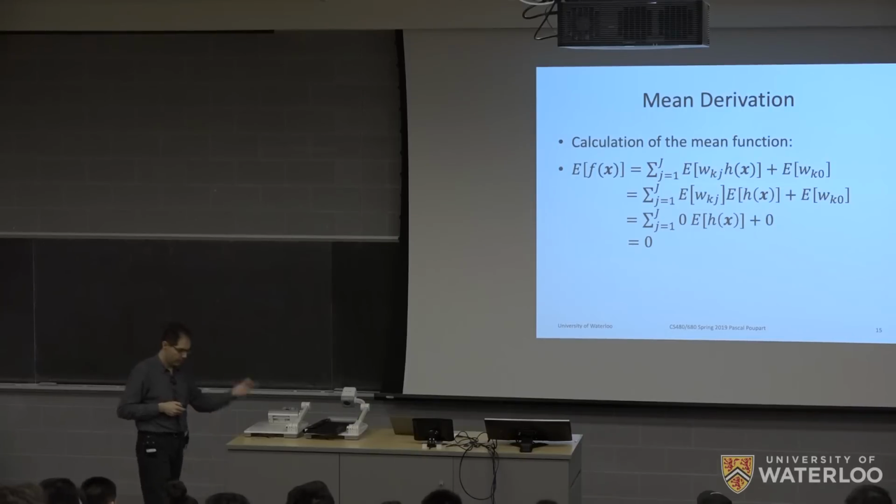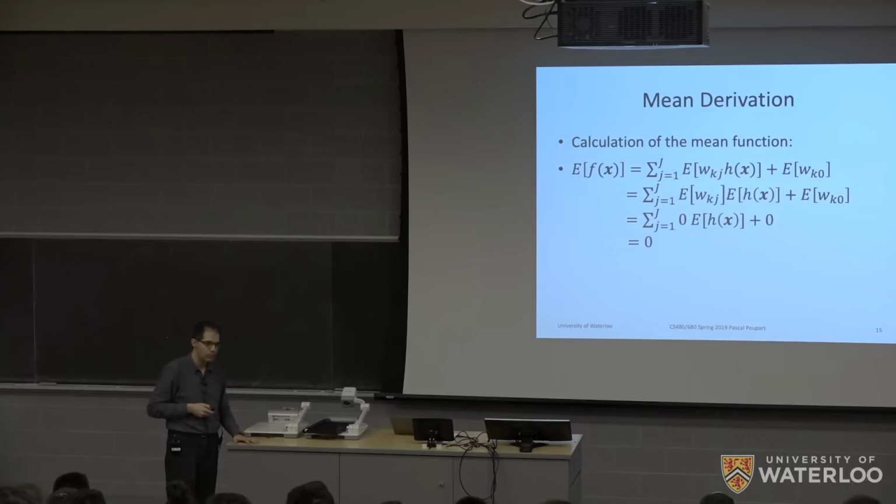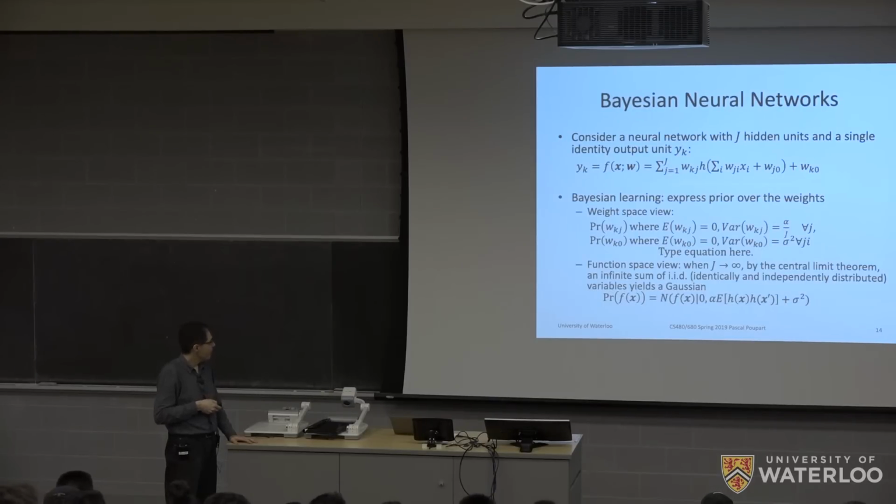Okay, so let's derive the mean. For this, all I have to do is simply look at the expectation of the output of the neural network. Right? So again, we're computing a distribution over the output of the neural network.